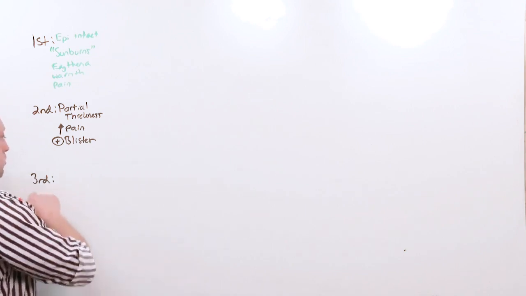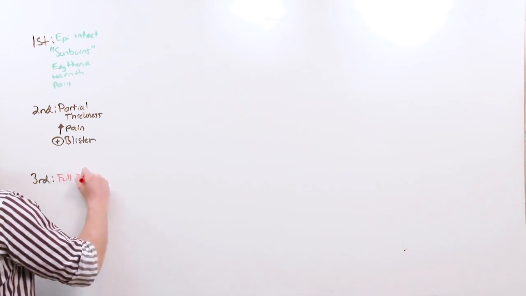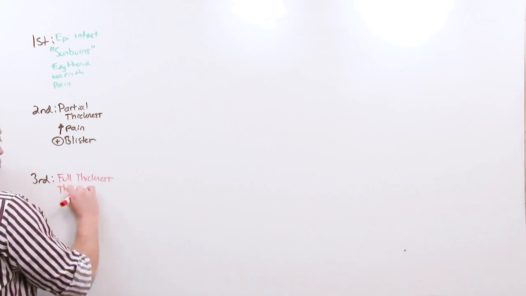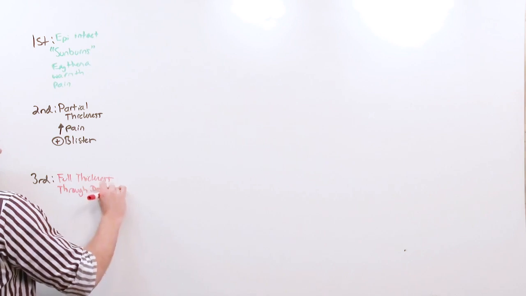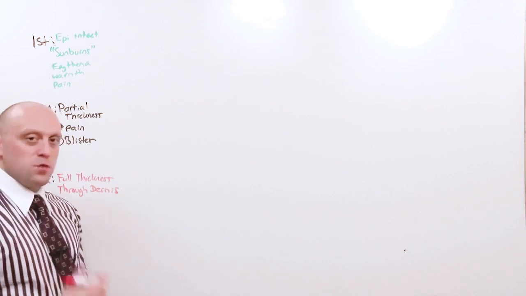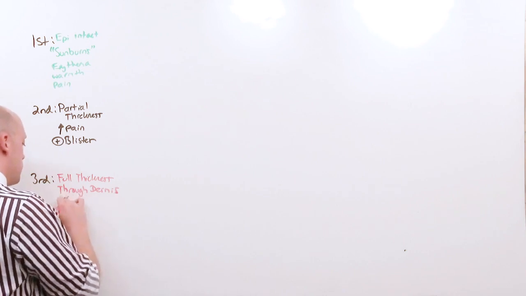Third degree burns burn the skin away. This is a full thickness burn. You're through the dermis, and you've got muscle and bone exposed. The thing is, since you've burned away the skin entirely, there's no pain.